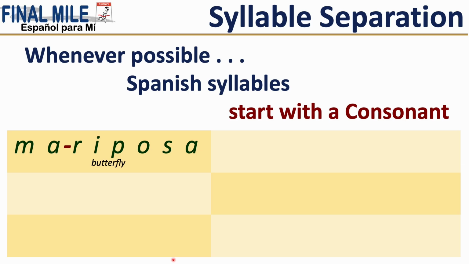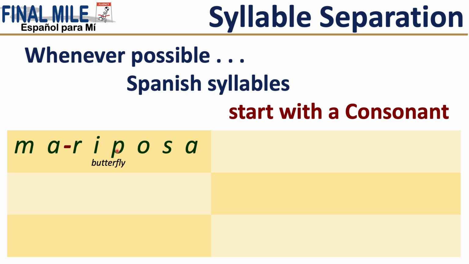We start the process all over again, right? So this by itself cannot be a syllable because it doesn't have a vowel. But there's a vowel right there. This could be a syllable, but we don't know that yet. We have to look at the next letters because if the next letters are consonants, they could be added to this.